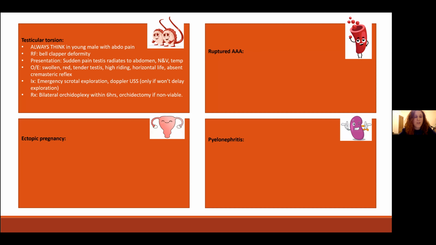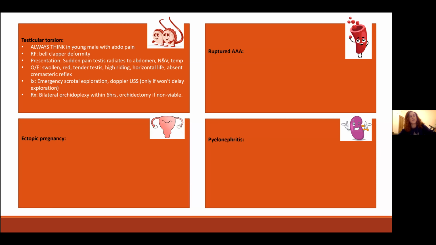The reason we do bilateral orchidopexy is because if you've had testicular torsion in one testis, it's quite likely that you might get it in the other testis. And this needs to be done within 6 hours to prevent necrosis. If there's necrosis, then they might have to have an orchidectomy, which is basically removal of a testis, which we want to avoid.